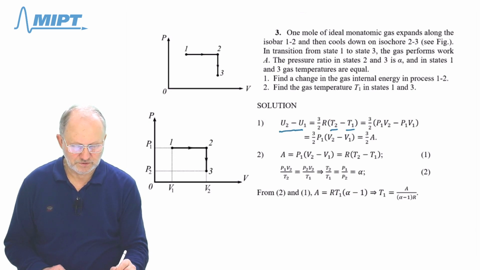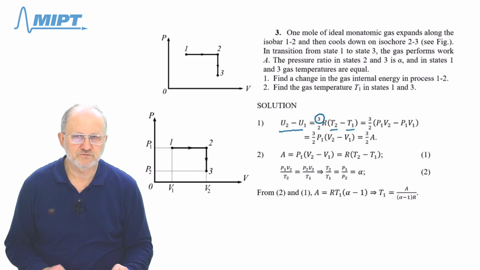This coefficient is the number of degrees of freedom. As we have a monatomic gas, it has 3 degrees of freedom, which correspond to the movement along 3 perpendicular directions in a 3-dimensional space. So this is a standard formula which immediately gives the expression for the change in internal energy.